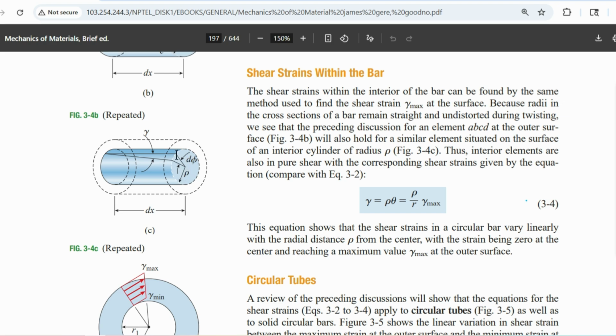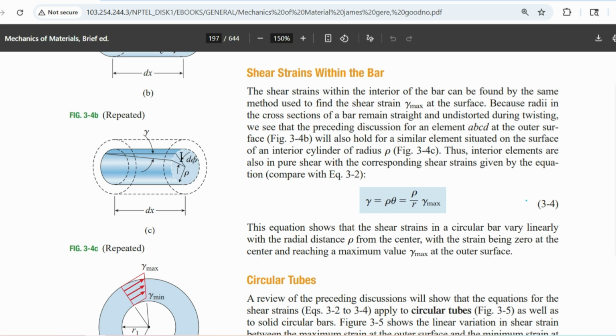So we have gamma dx is equal to rho d phi.